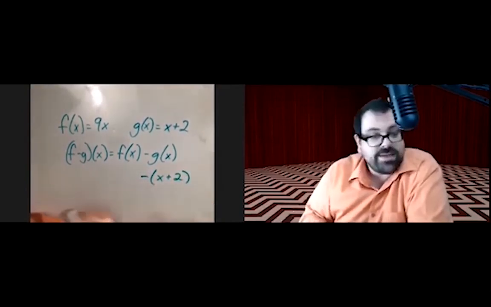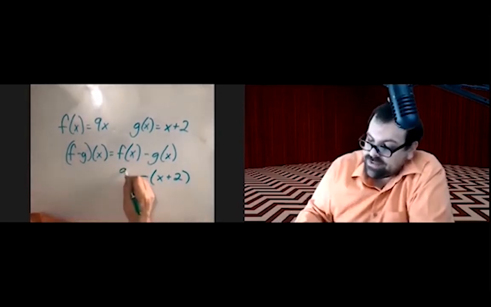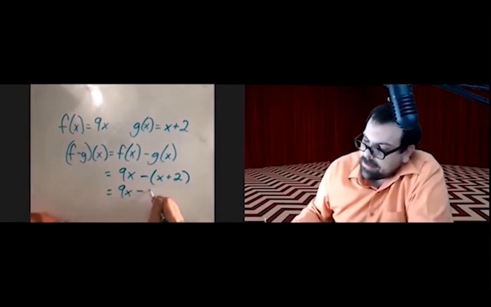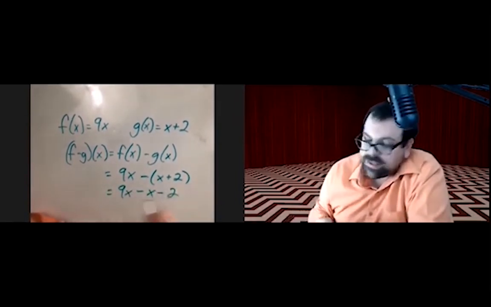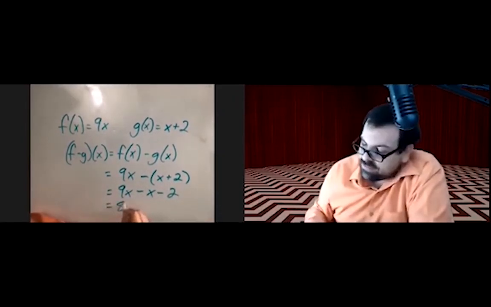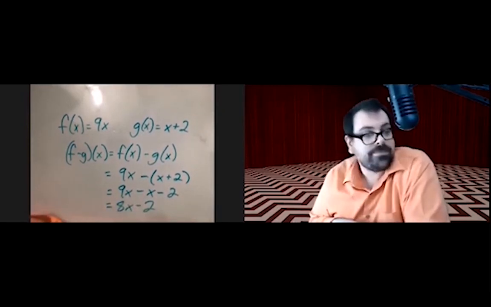That x plus 2 needs to be in parentheses. F of x is 9x. So we have 9x minus x plus 2. F minus g of x would be 8x minus 2.